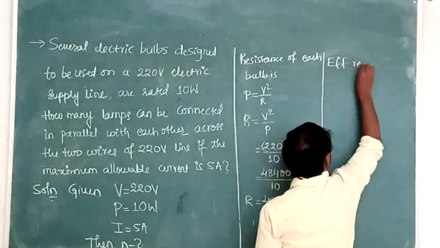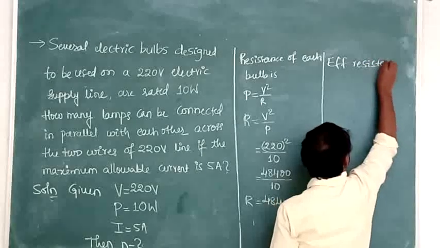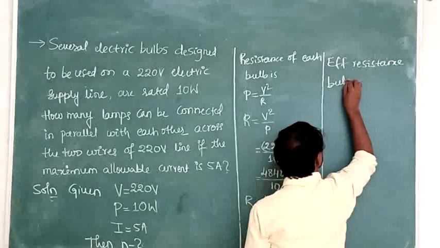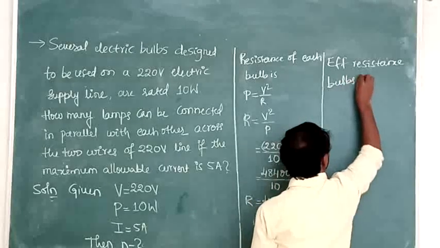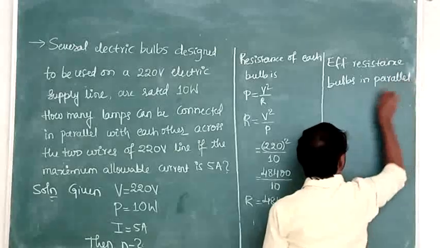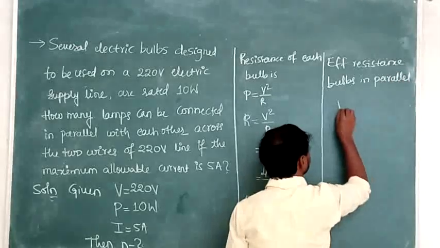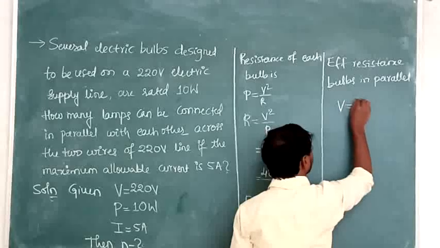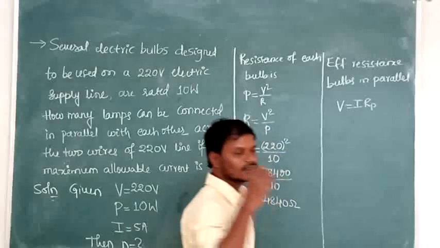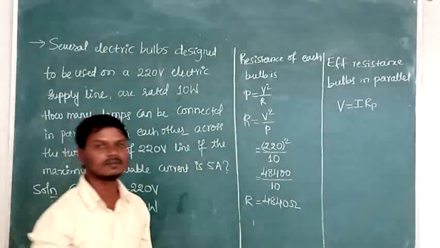Effective resistance of bulbs in parallel, by using Ohm's law, V is equal to I into RP, because the same voltage is applied to the electric bulbs which are connected in parallel.